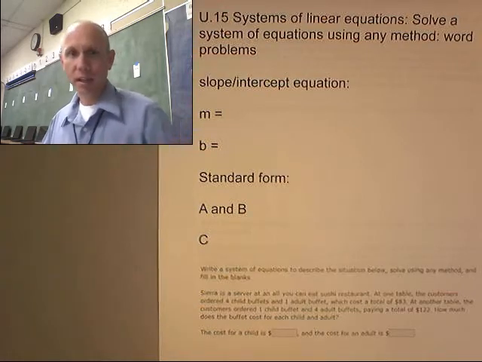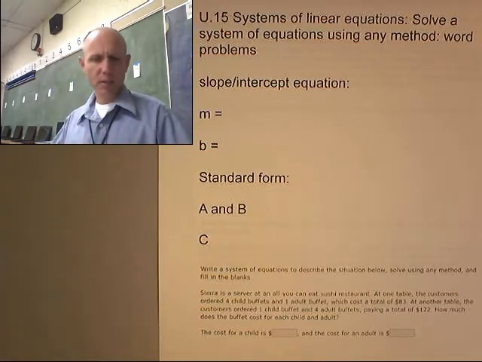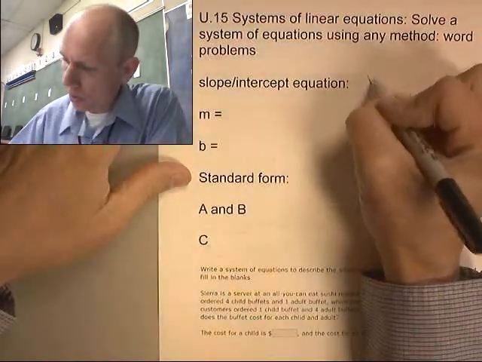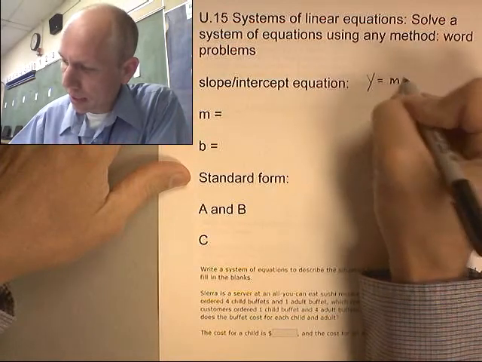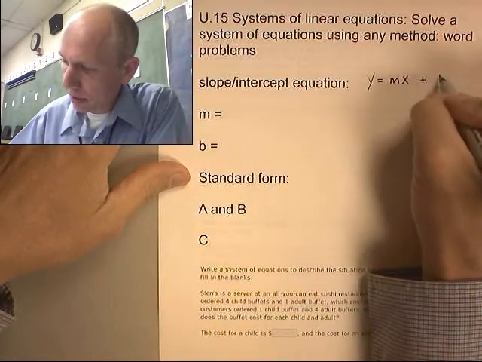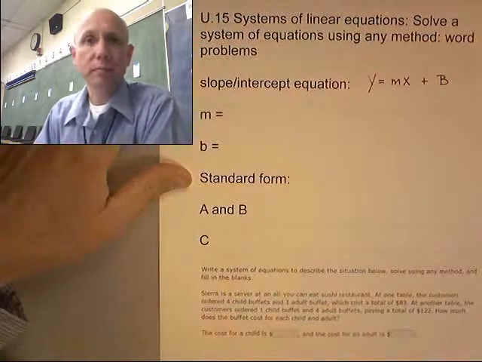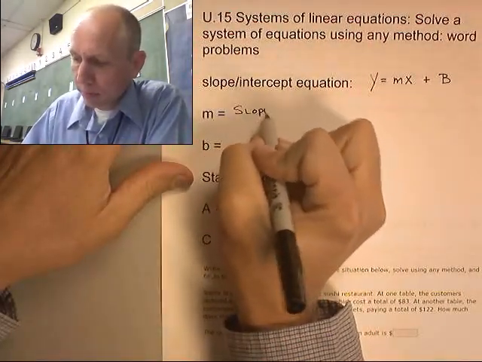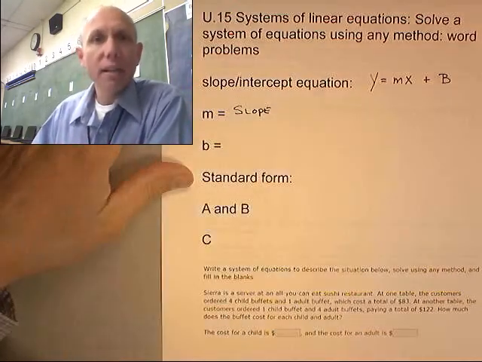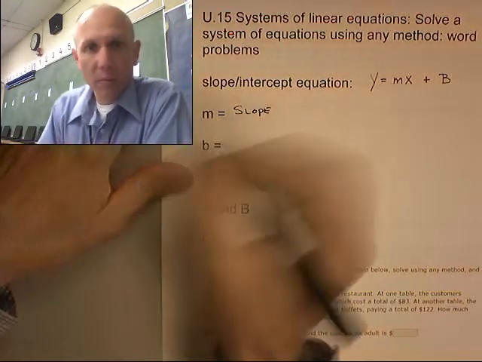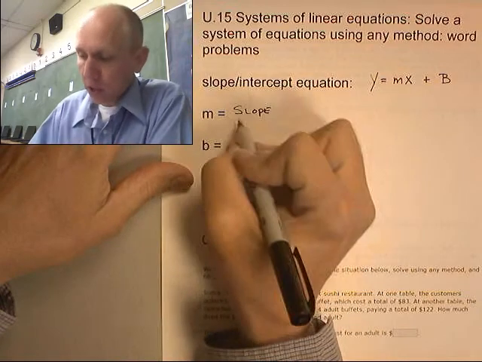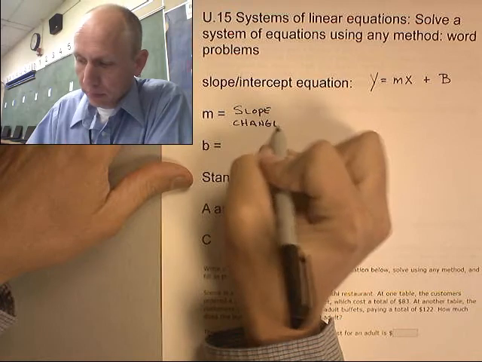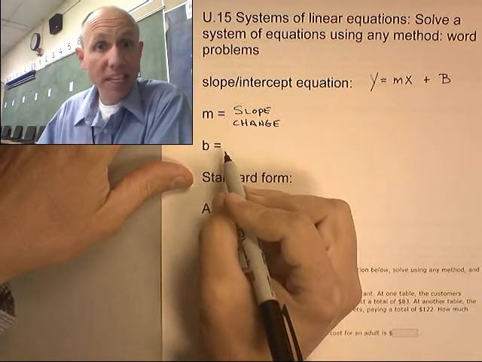Here we go. Slope-intercept equation. What does the slope-intercept equation look like? Remember, this is one of those equations you should always know. Y equals mx plus b. There you go. What is m? M is the slope. But when it comes to word problems, it's also the change. What is b?